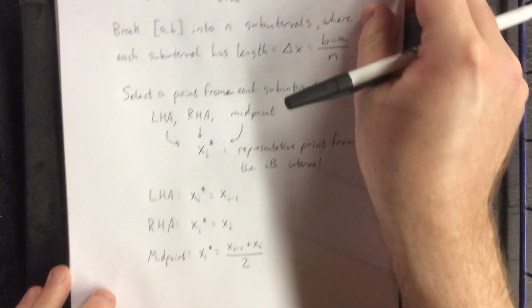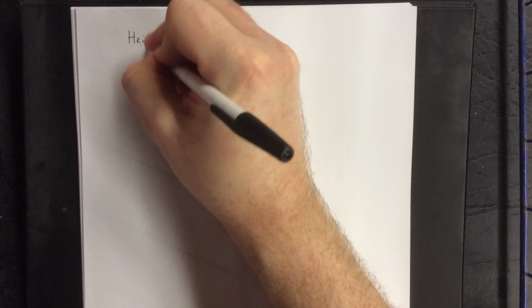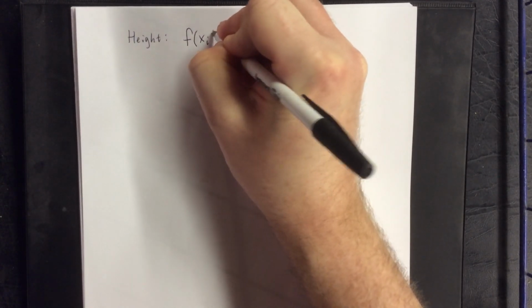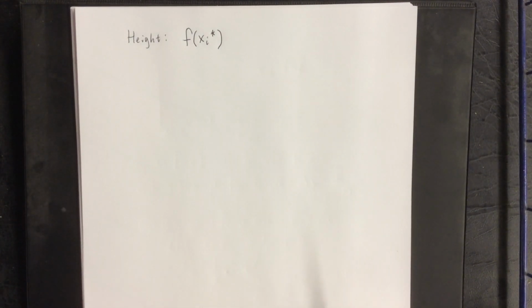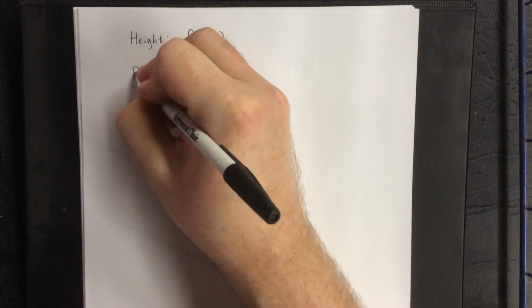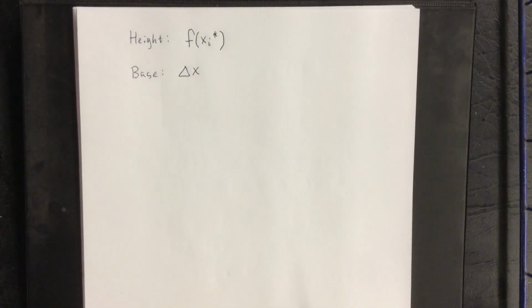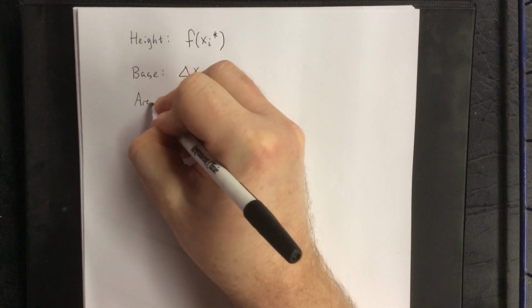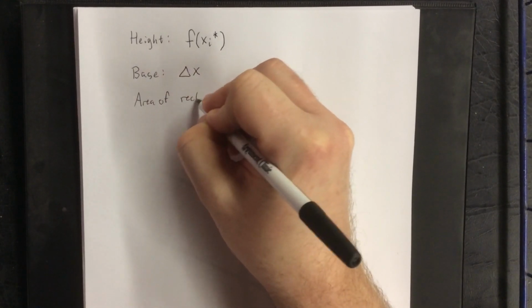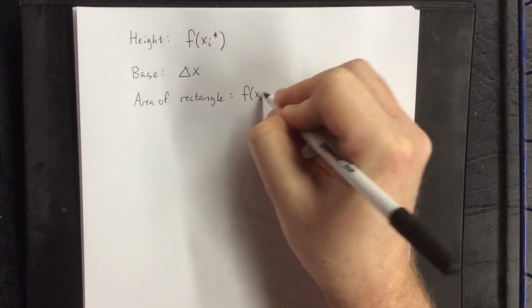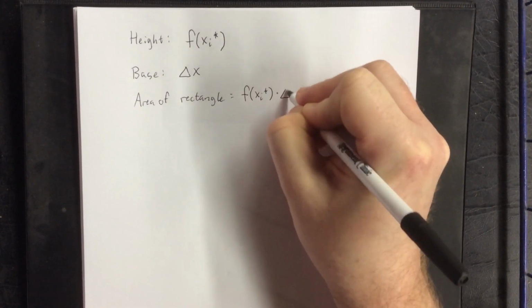Regardless of which one of these you're going to be using, take the representative point and plug it into the function. This will give you a y value. A y value will represent the height of the rectangle. The base of the rectangle is simply going to be that little tiny change in x that you saw along the x-axis. So the area of each rectangle is going to be equal to f of x sub i star times delta x.